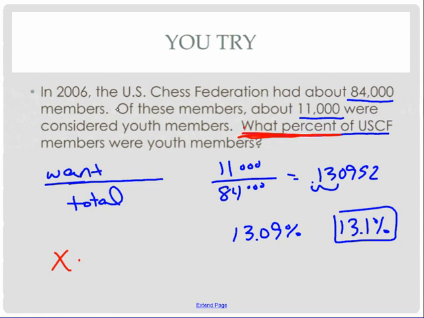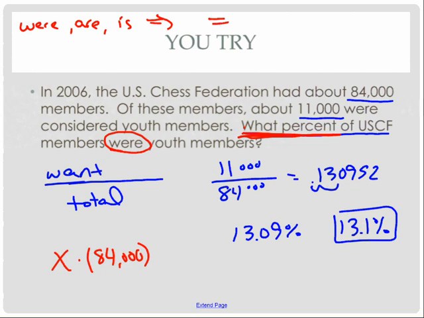Well, it tells me right here that the USCF had 84,000 members, so I'd put 84,000 in right there for the USCF members. Were. Now this is the one that a lot of people have a hard time with. Were, are, is, they all translate to an equal sign.